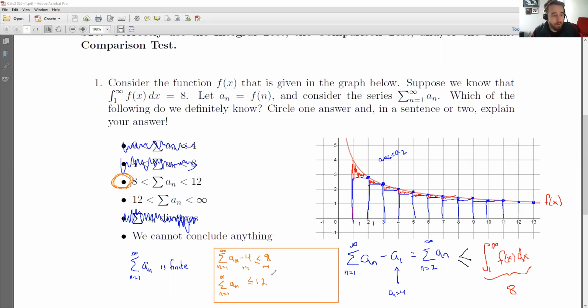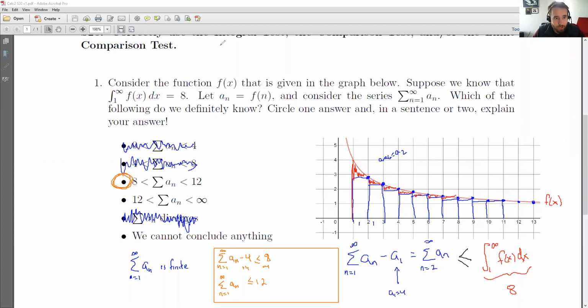Okay, great. So to recap, we could actually draw a surprising number of conclusions based on manipulating this picture, some of them more advanced than others. At bare minimum, I wanted us to be able to know that this series definitely converged.